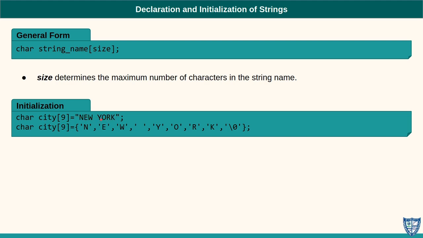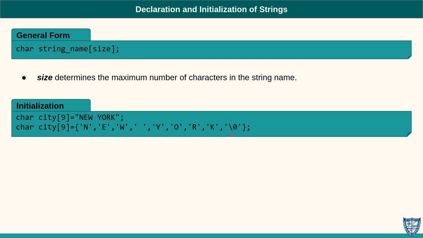Then it is easier to write, and we don't have to put a \0 at the end. C will automatically put it at the end when you do it like this. But when you initialize a string variable like the second way, then you need to put \0. Even though there are 2 letters here, \0 is treated as a single character by C, and it is known as a null character.